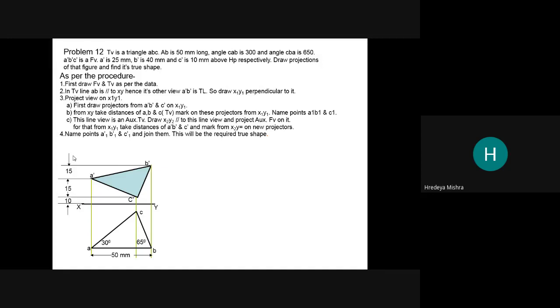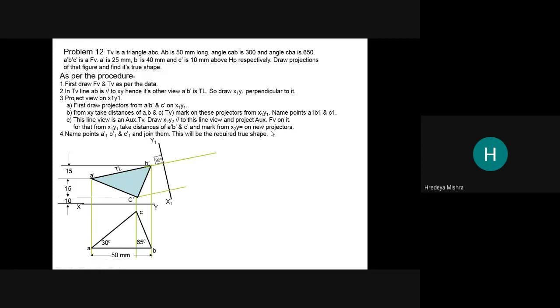Now this AB has the true length, means this is actual length. Okay, now we create the extension of A dash B dash, and now this is 90 degrees. We create the extension and draw a perpendicular line from this extension AB.